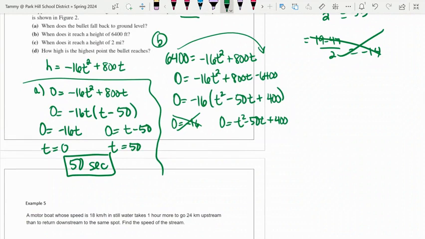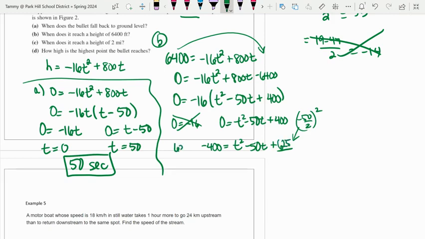So let's do completing the square. Let's move the 400 over. So negative 400 equals t squared minus 50t. Negative 50 divided by 2 is negative 25, and 25 squared is 625.